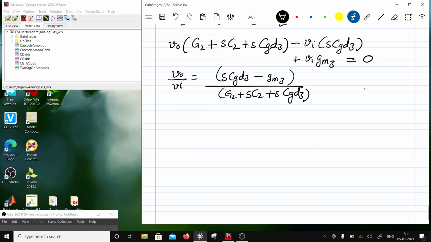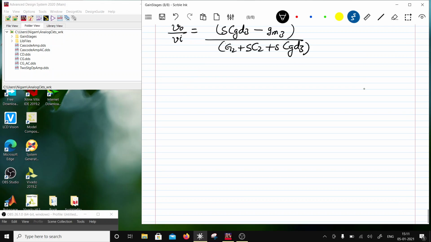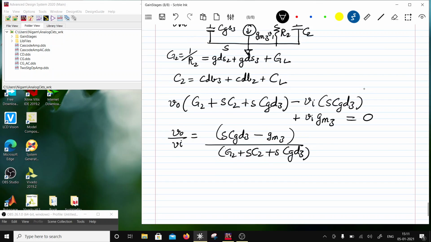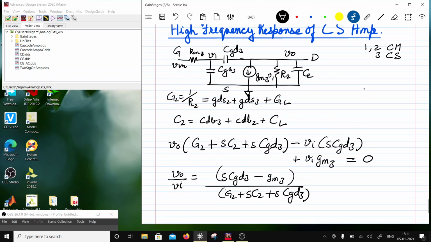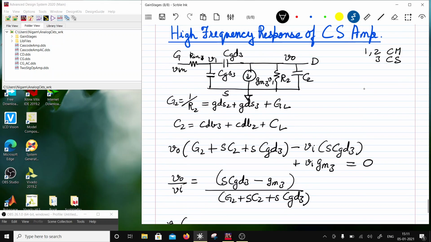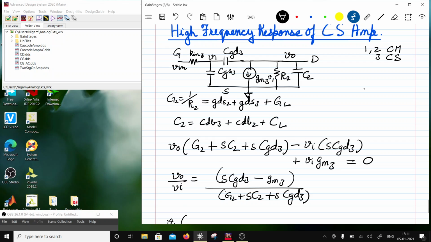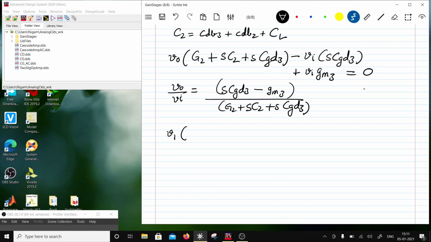Okay, so now I have Vo by Vi, but that's not my gain. So for my gain, I'm going to write another Kirchhoff's equation at the gate node, which would be at V1, right? So I would write here V1 times whatever is connected to V1, which is basically Gin3, right? Gin3 is equal to 1 over Rin3.